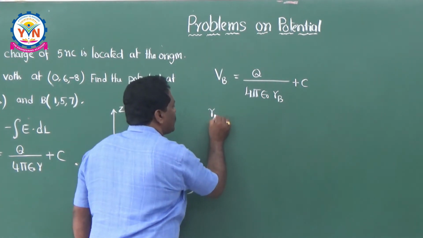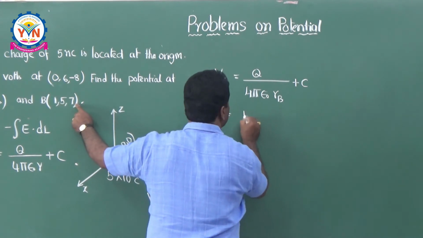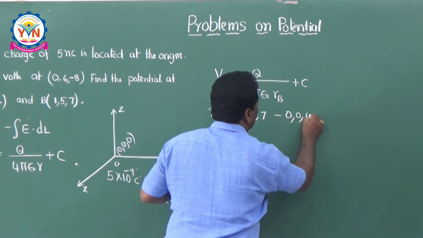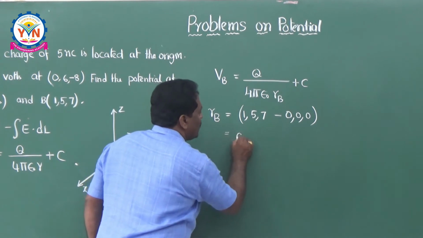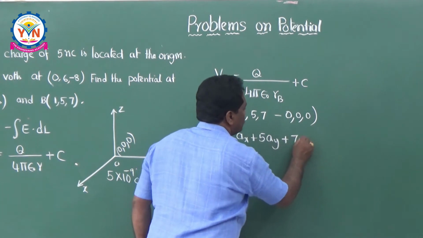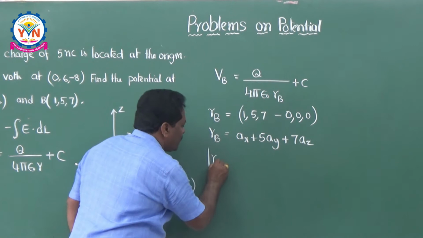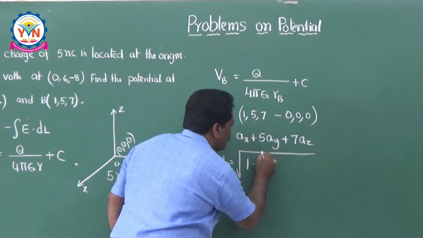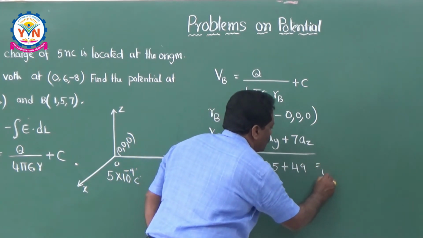RB is equal to the point (1, 5, 7) minus (0, 0, 0), because the charge is at the origin. That is equal to AX plus 5 AY plus 7 AZ. This is nothing but RB. What is the magnitude of RB? It is equal to root of 1 plus 5 squared, which is 25, plus 49. That is equal to root 75.